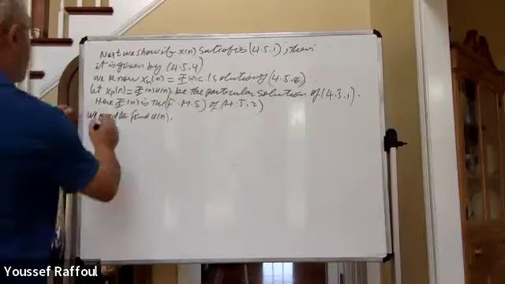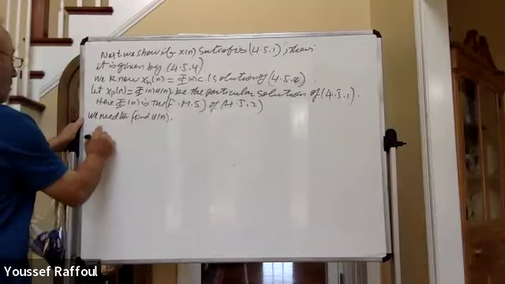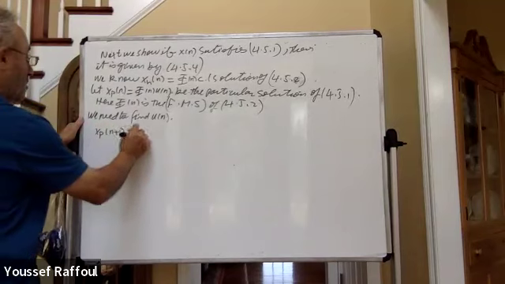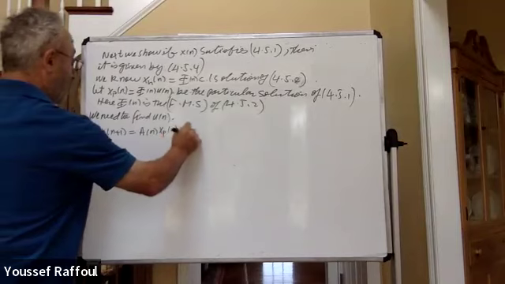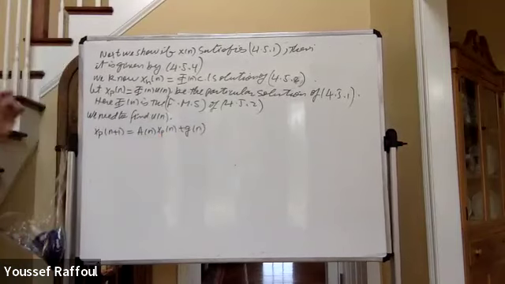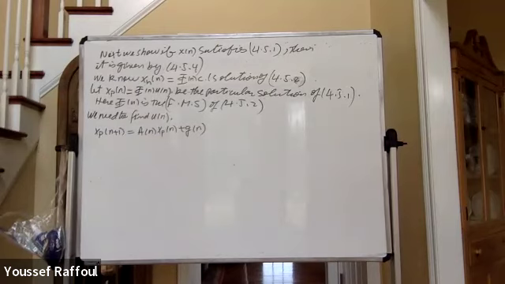All right. So what do we know? So we need xp of n plus 1 equal an xp of n plus g of n. We already know that. Okay?